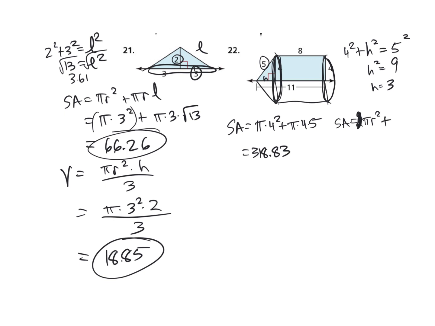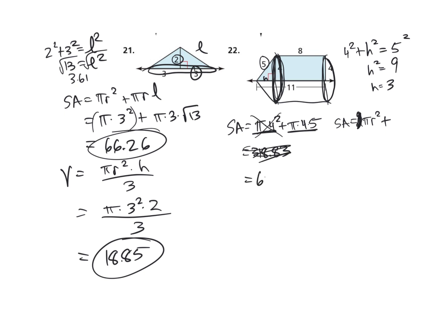So the surface area is the circle plus the top part. So we don't want the circle base because that surface is inside the solid. So that's not a surface, so we can't put that in there. So really that answer is 20 times pi.